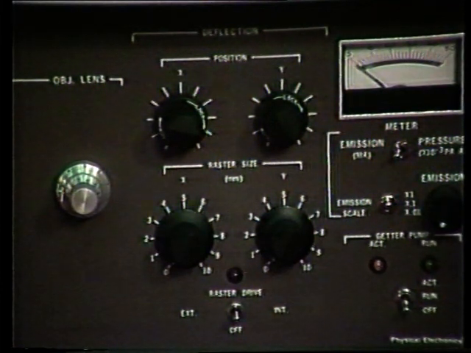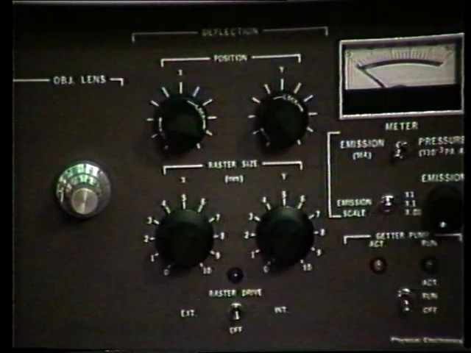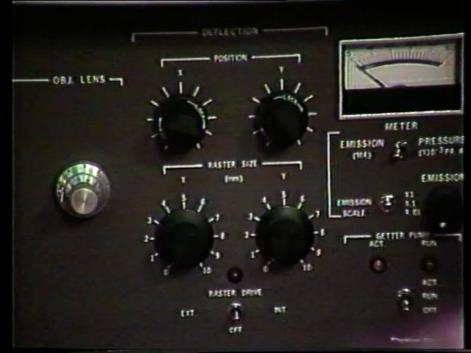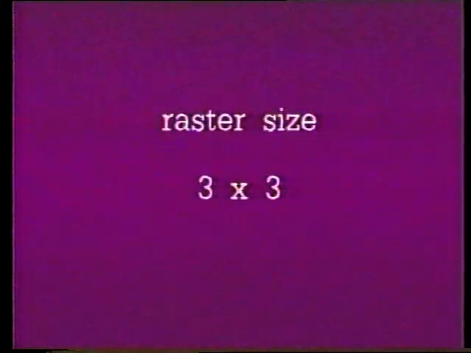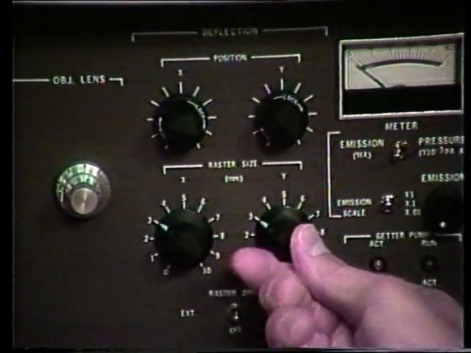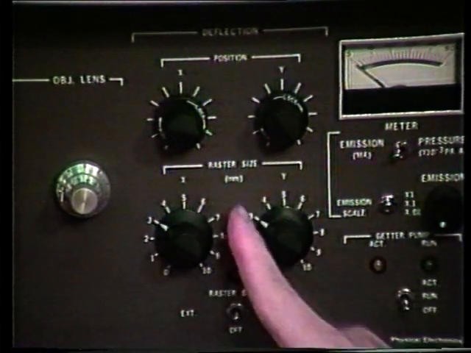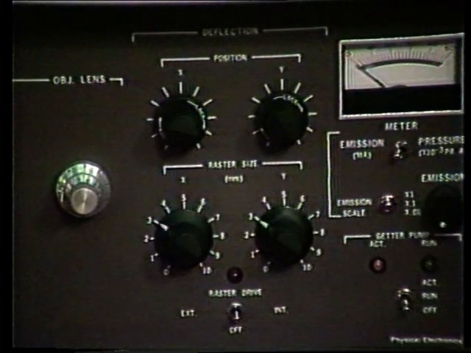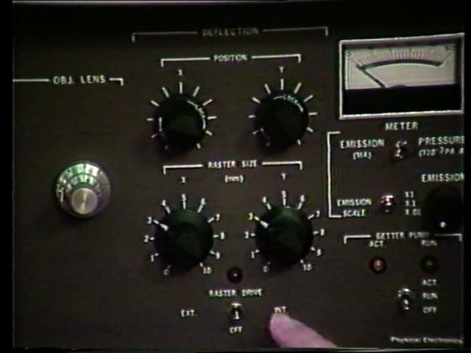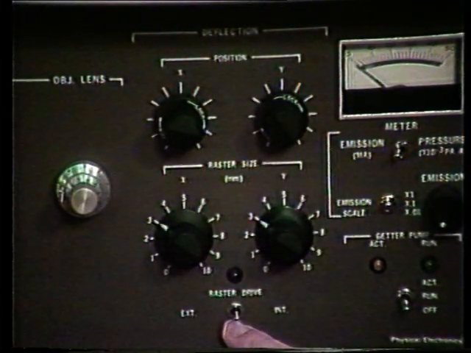I have determined that for the proper sputter rate on this particular sample, we would like to use a raster size of 3 by 3. So I will set the X and Y raster size pots at 3 and 3. We also want the raster drive to be activated.